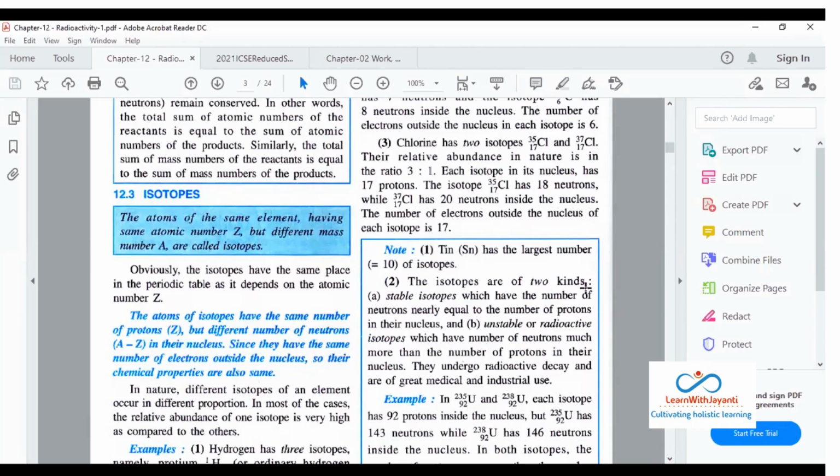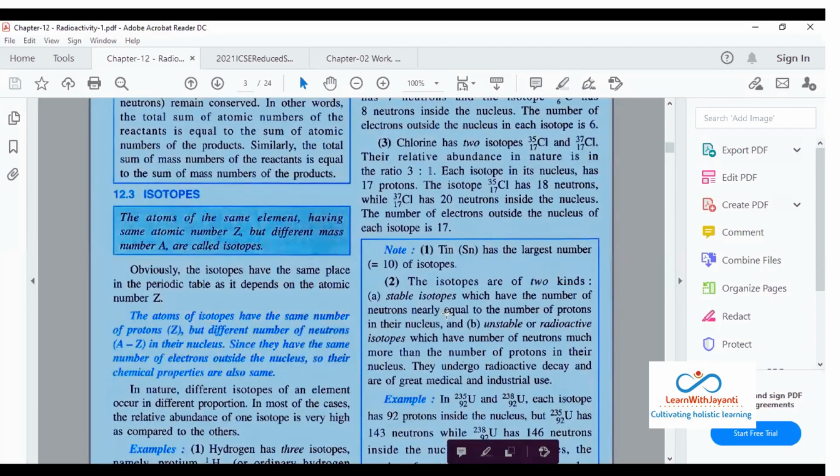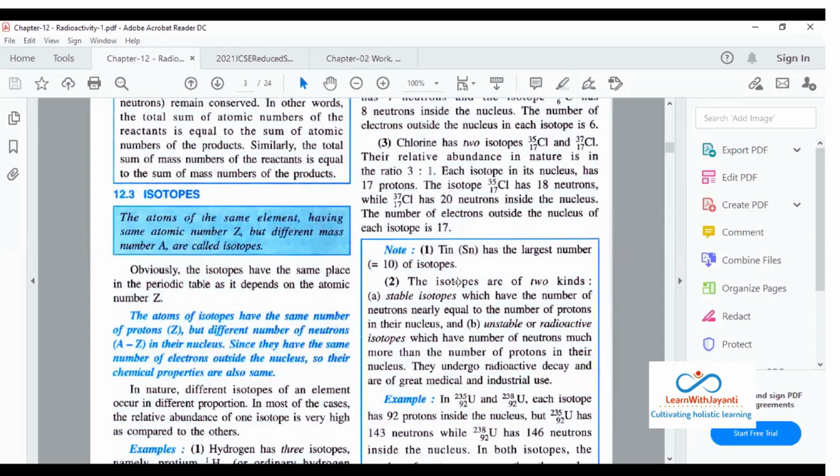The isotopes are of two kinds. Now we are going to study something called stable and something called unstable, that is radioactive. What is the meaning of radioactive? We will study that a little later.